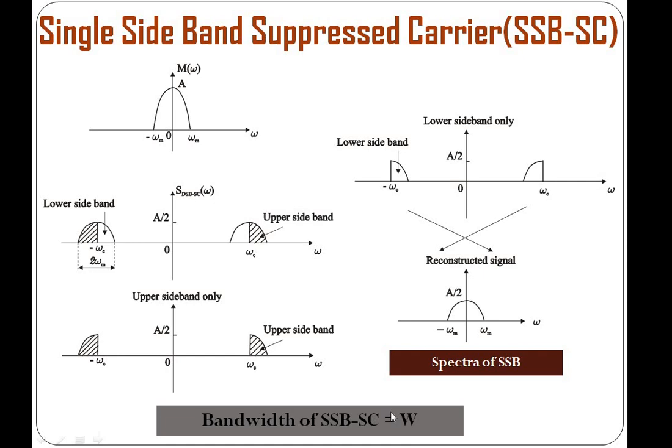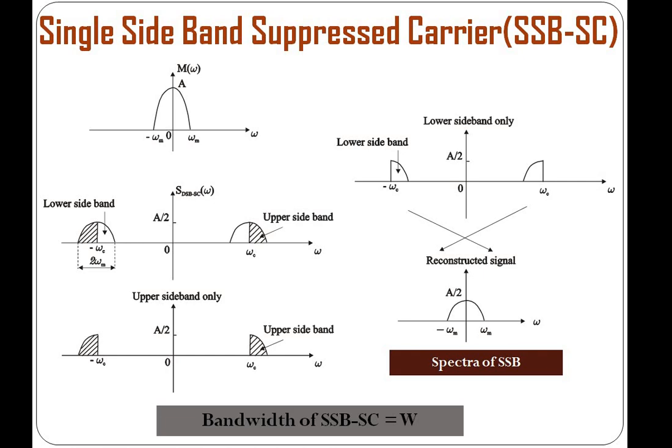I hope you are clear with this one. Shall I repeat it once again? So what the SSB system does is it reduces the bandwidth. When one of the sidebands is completely suppressed, the power also reduces.